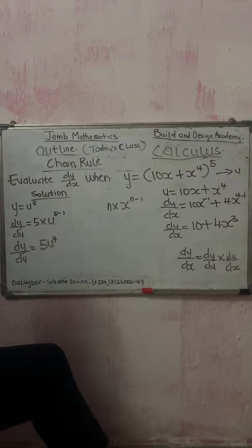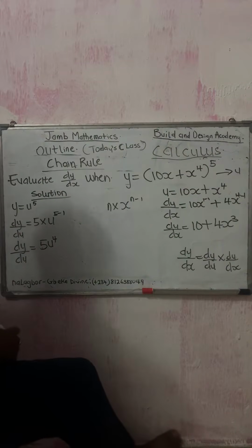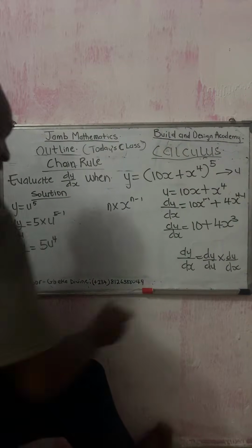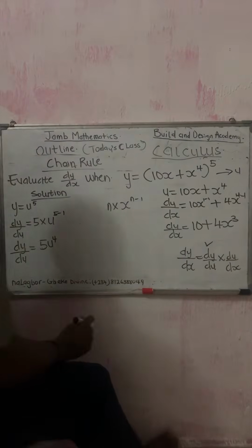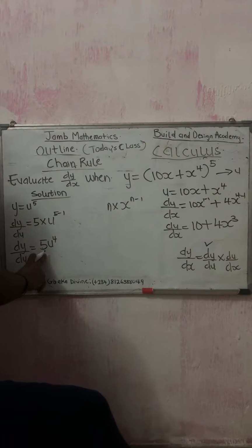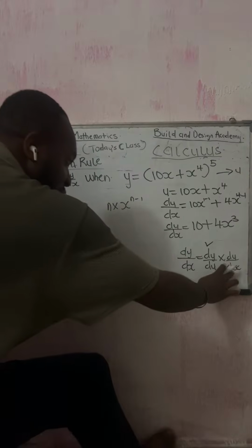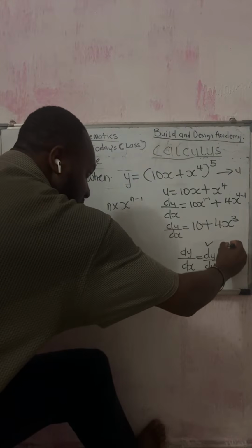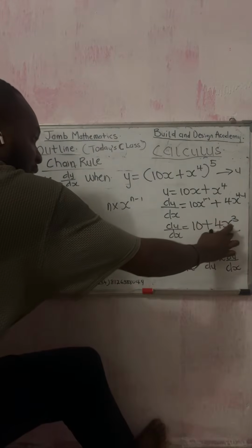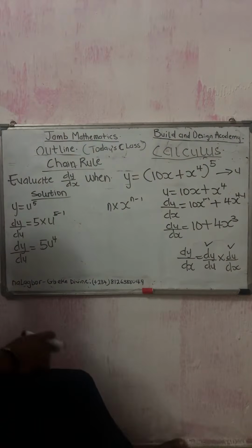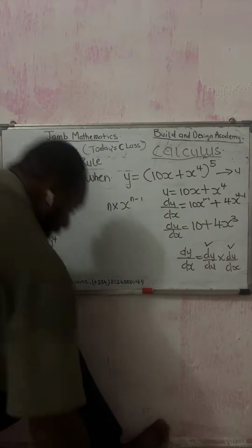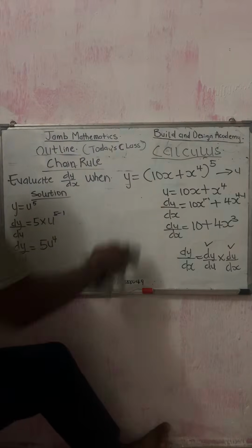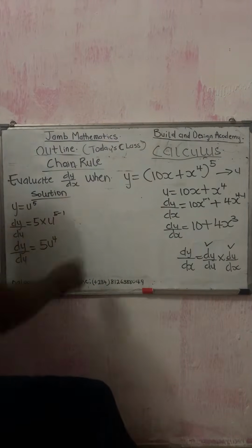So now, if you watch closely, we have gotten our value for dy over du as 5u raised to the power 4. And we have gotten our value for du over dx as 10 plus 4x raised to the power 3. Alright. So now, the next step, they say we should find dy over dx.